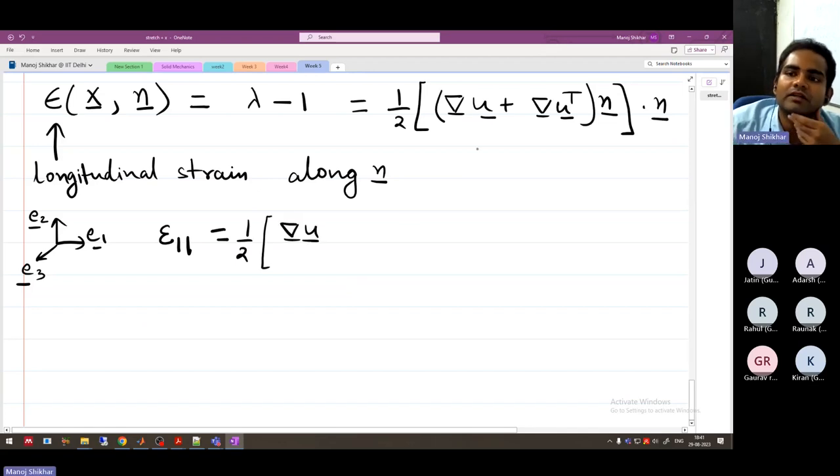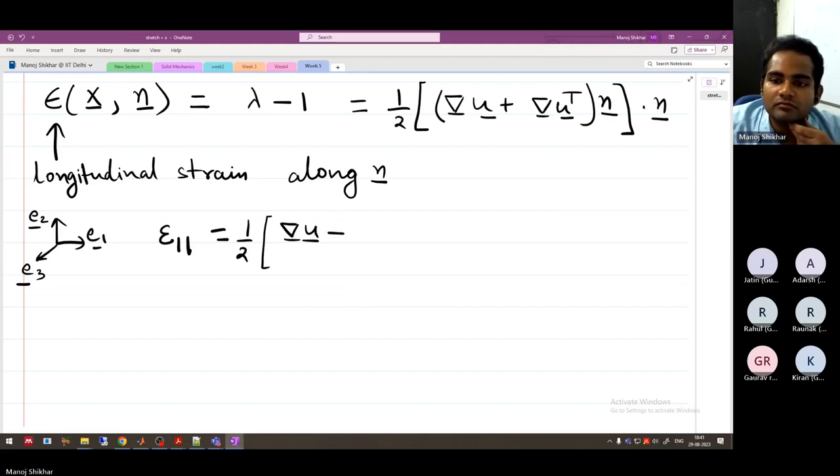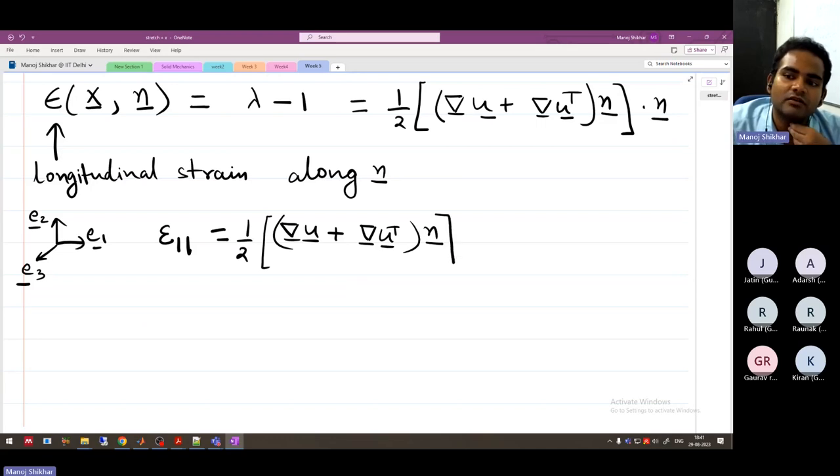I hope you are realizing that gradient of u is a second order tensor here. Gradient will always increase the order of the tensor by 1. So if I'm taking gradient twice, the order will increase by 2. So at n, I will write E1, and here also I will write E1.